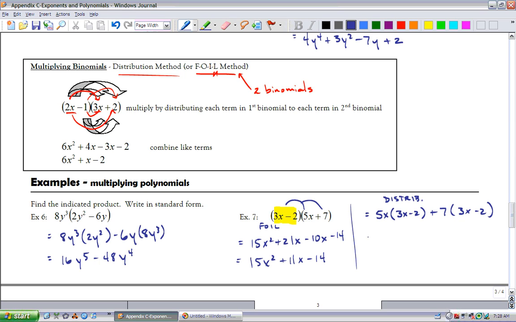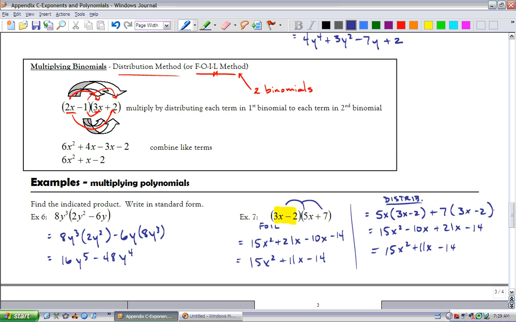So we distribute that whole thing. Then we distribute again, we get 15x squared minus 10x plus 21x minus 14. You'll notice that's the same as what we had on the other side. And so you get 15x squared plus 11x minus 14. Two different ways of going about the problem.